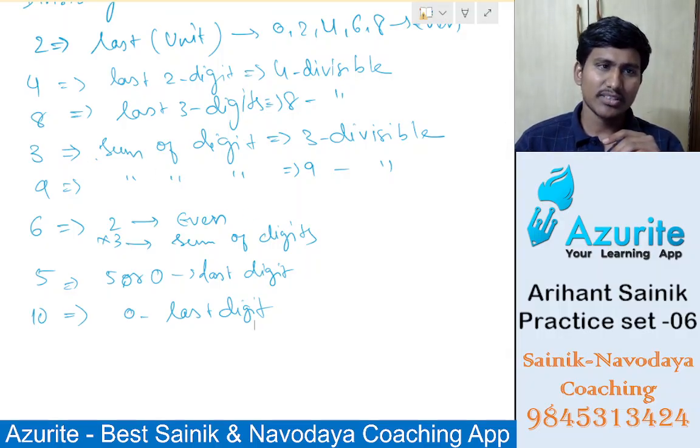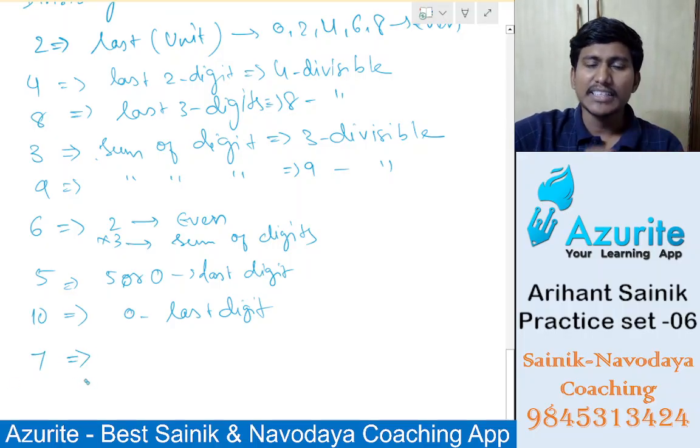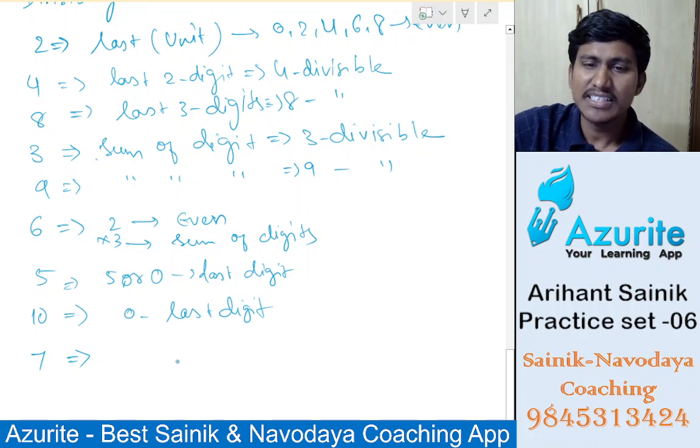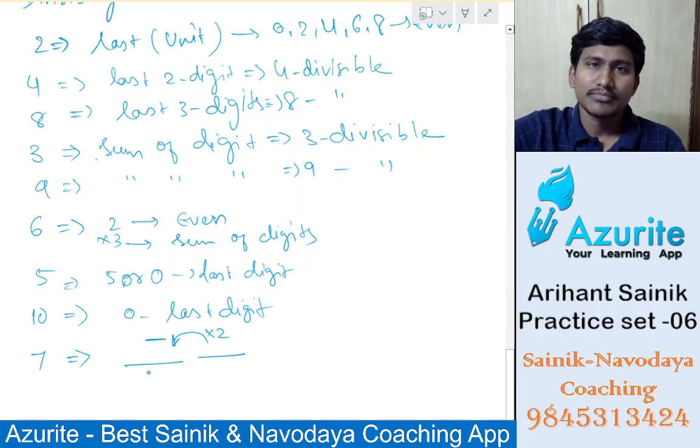Okay, yes. So now 7's divisibility. Whatever the last digit is, we have to multiply it by 2 and subtract from the remaining number, and check for 7 divisibility.